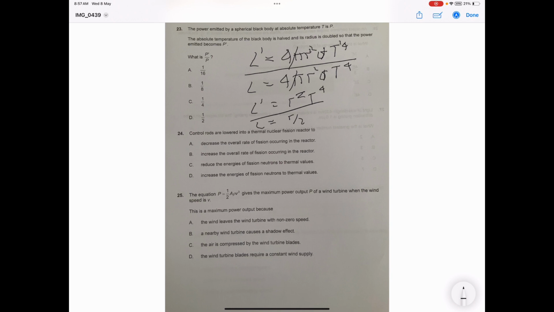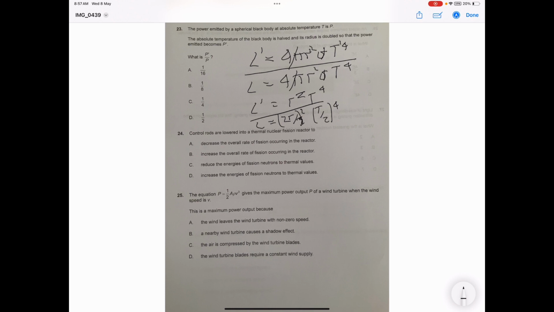No, the temperature is halved. This is T over 2, power 4. And the radius is doubled. This is 2R squared.